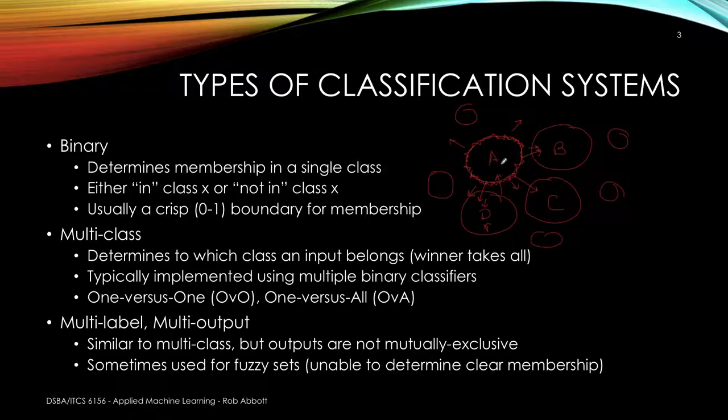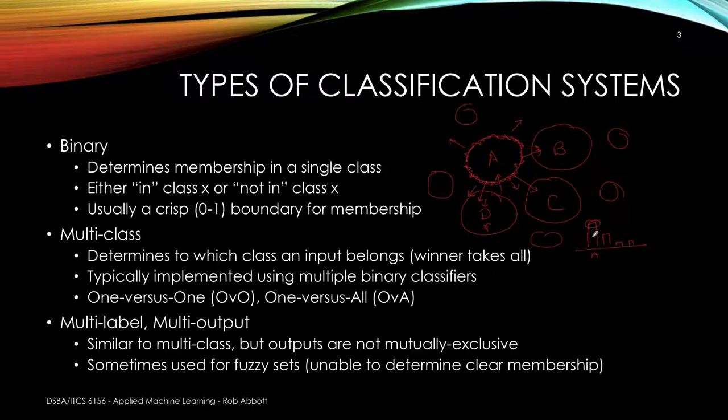So when we define these groups of binary classifiers, what we're doing is saying it's either not in A or it's in A, it's not in D or it's in D, etc. Taking the predicted value of each one of these binary classifiers, looking at the outputs, comparing them, and picking the best one.